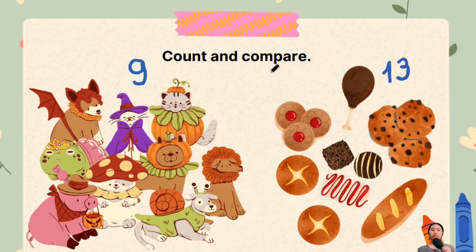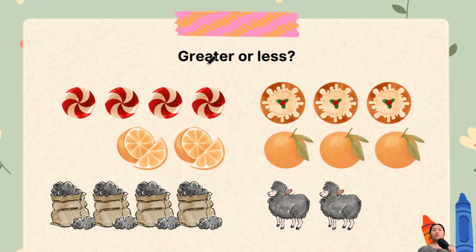So the amount of animals is less than the amount of treats, and the amount of treats is greater than the amount of animals. Okay, it goes both ways. Now let's move on to the second exercise. Greater or less. Okay, we're going to decide whether or not a number of objects is greater than or less than the other number of objects.